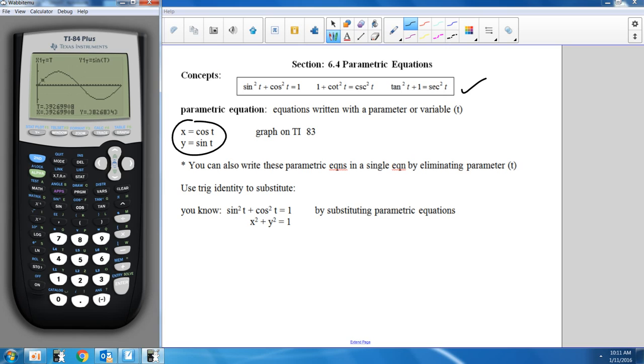All right, well, why do we want to use this? There's other things that you can graph, such as if I put in cosine t here. Now, if I put a cosine t there, I'm going to have my x yielding all of my cosine values and my y yielding all my sine values, which means that a cosine graph goes from -1 to 1, a sine graph goes from -1 to 1.